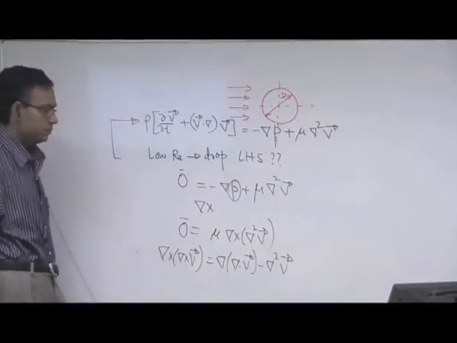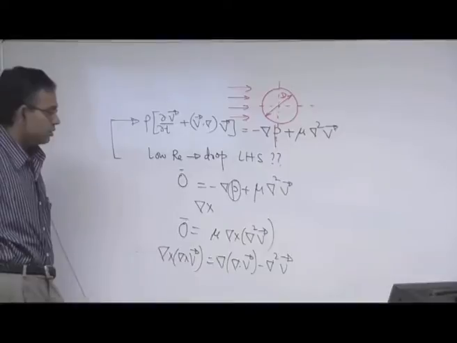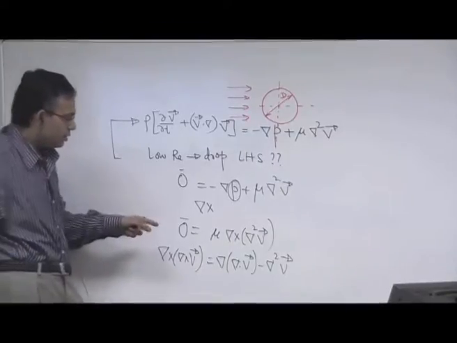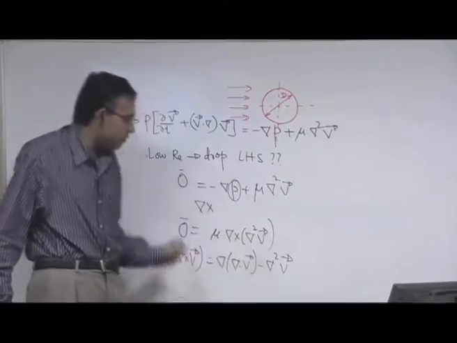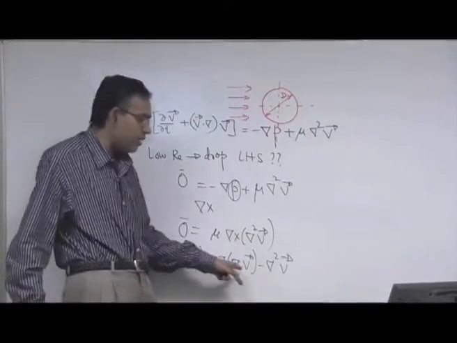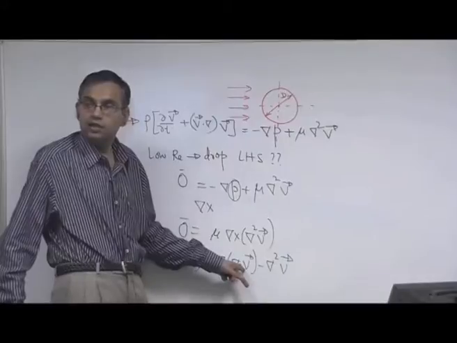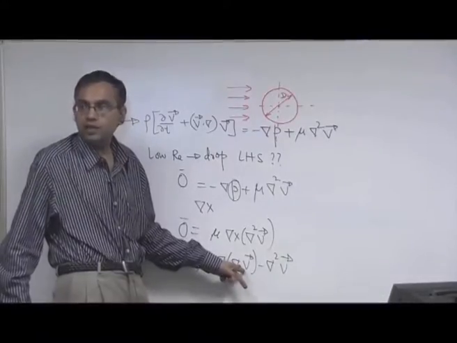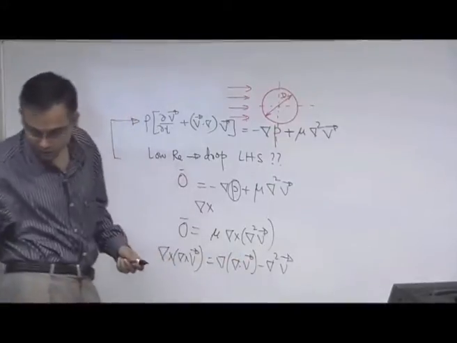This is a very commonly used vector identity, and the interesting part of the vector identity is that you have a divergence of velocity in one of the terms. So, if it is incompressible flow as we are considering for this case, then this term will go away.